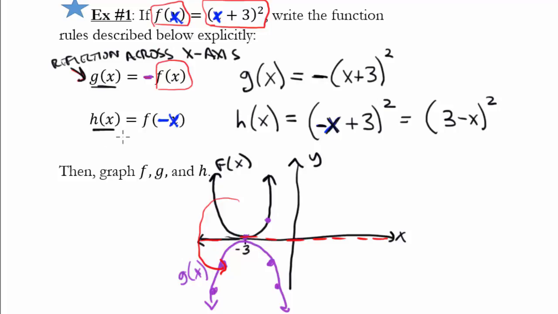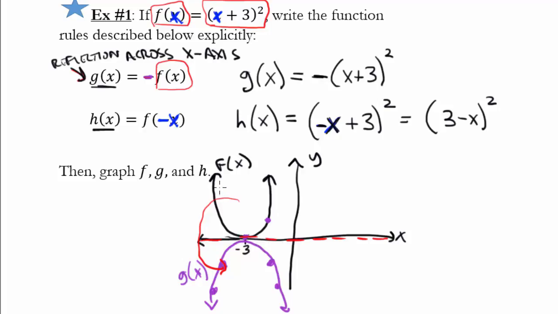Okay, so let's take a look at now h of x. Now h of x is saying something a little bit different. It's saying that the inputs are now going to change signs. Instead of just f of x, we want to do f of negative x. So it used to be that I would plug in f of 2 and get some answer, but now I'm going to plug in f of negative 2. So what does it look like on a graph for the x values to be changing signs?